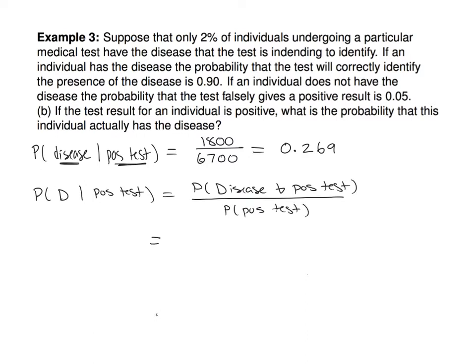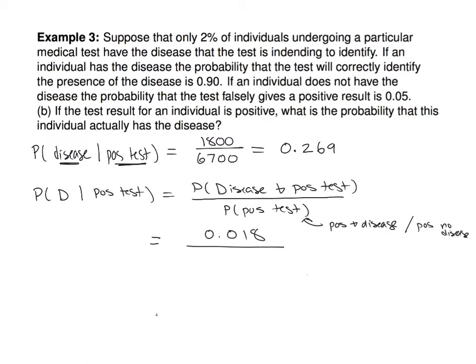Okay, so disease and positive test in your tree, hold on a sec, would be 0.018. And then there are two ways to get this positive test. You could be positive and have the disease, or you could be positive and no disease.